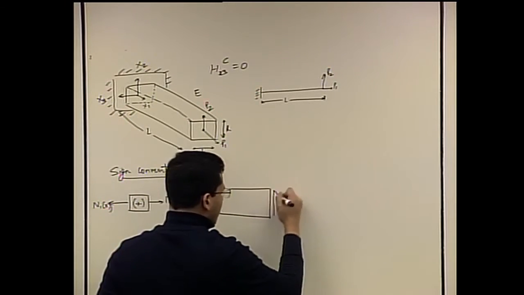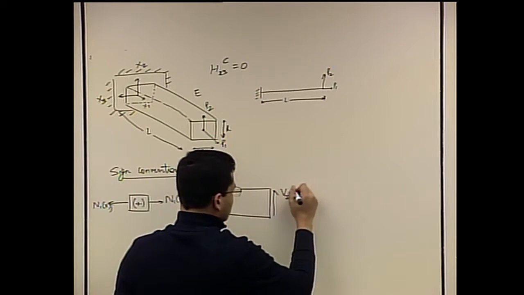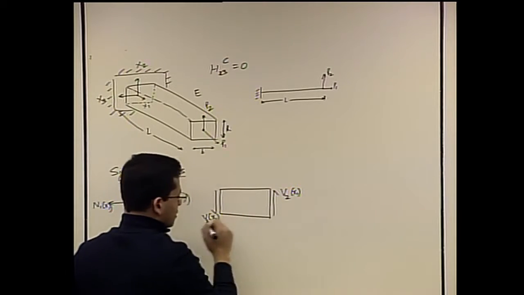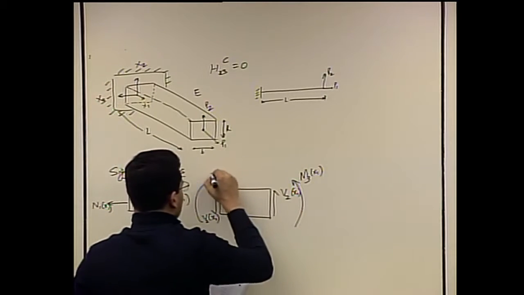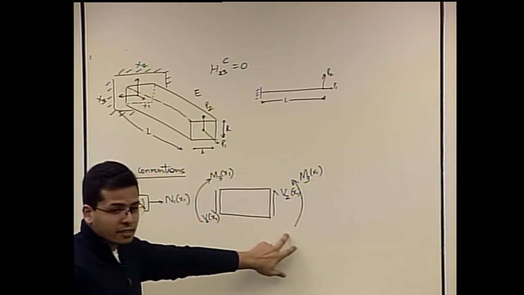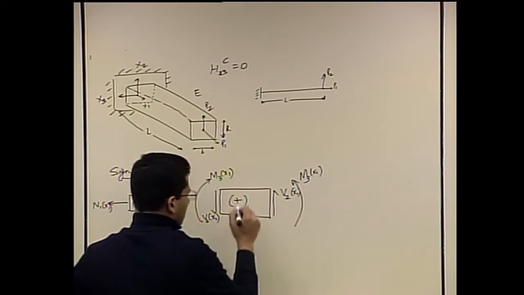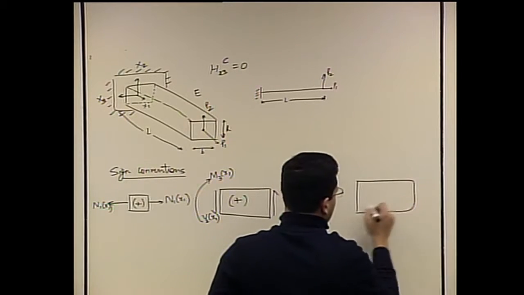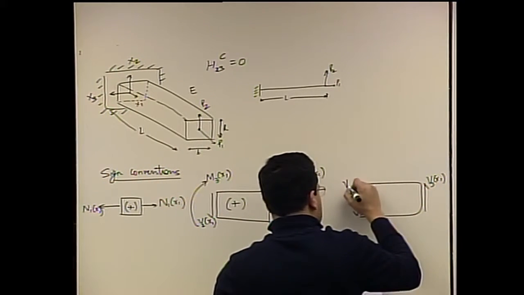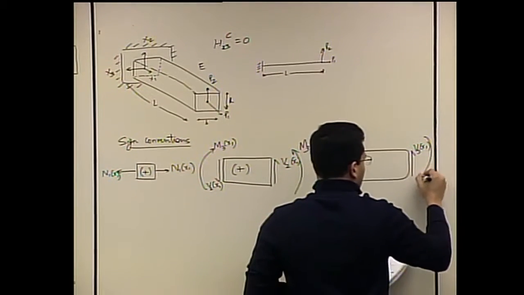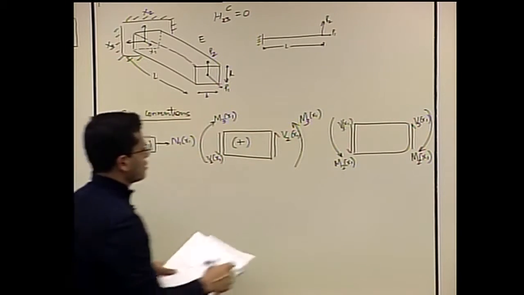If there are moments and shear forces applied on a body such that the shear V2 is vertically upwards on the right end, and moments are applied in an anti-clockwise manner at the right end, it's positive.